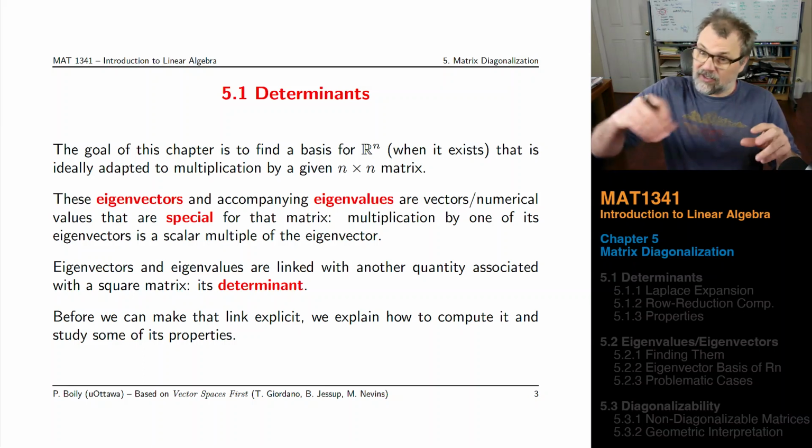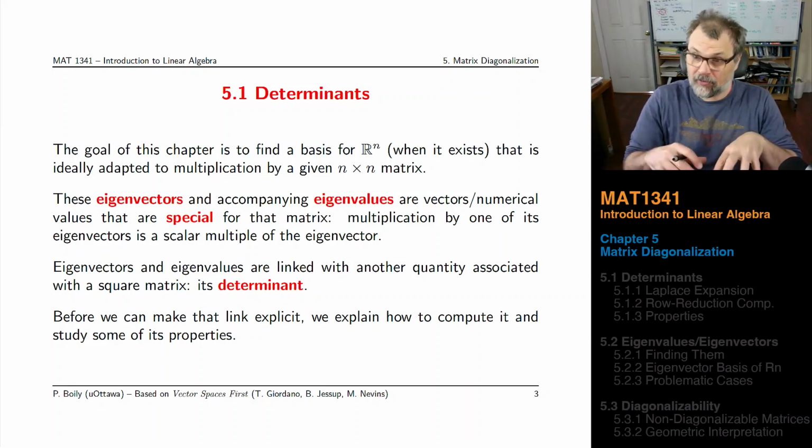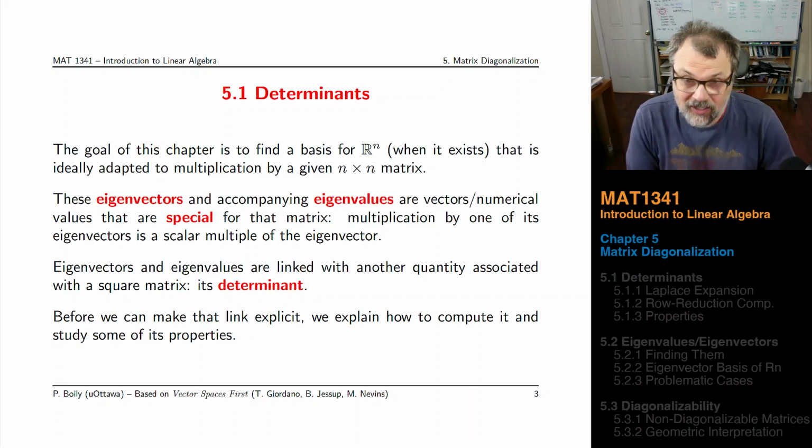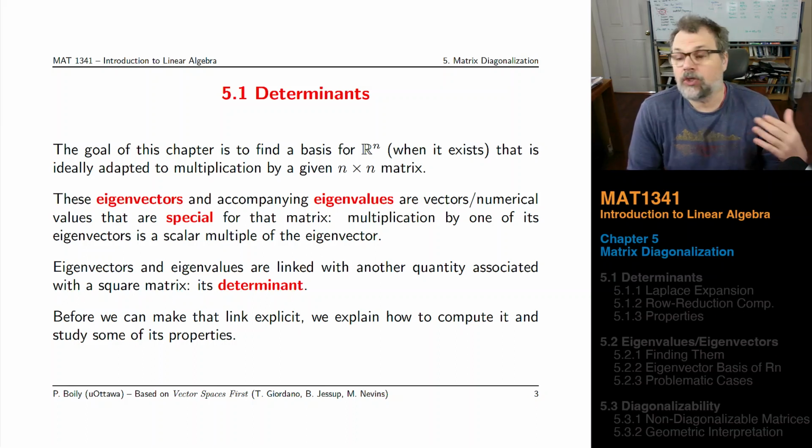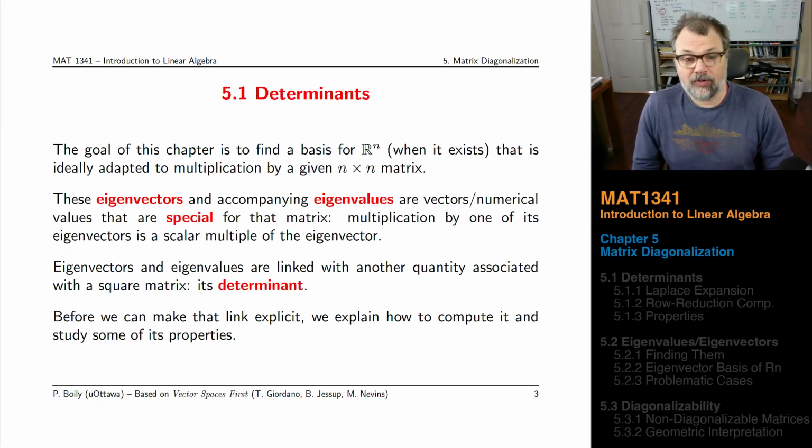So a lot of these pieces all come together, even though at first glance it's not clear that what we're talking about here has anything to do with invertibility. Well, we're not going to right away make the link between the determinant and the eigenvectors and eigenvalues explicit. First, we're going to show you how you compute the determinant, and we'll study some of its properties.